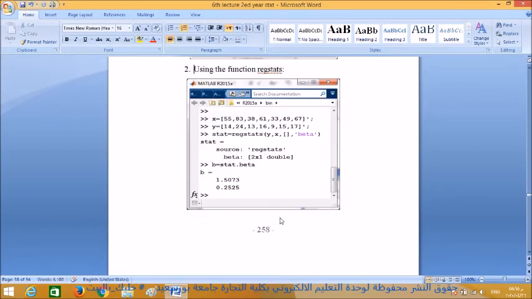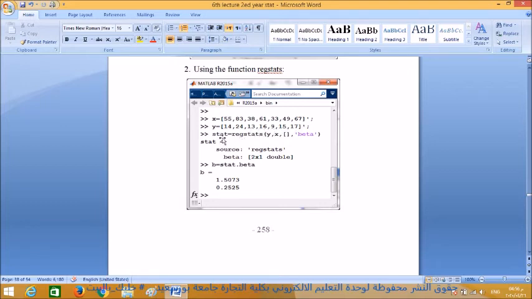So the next method is using the function regstats. How can you use the function regstats? Put x as a column vector, and the transpose means a column, y as a column, like the function corr.